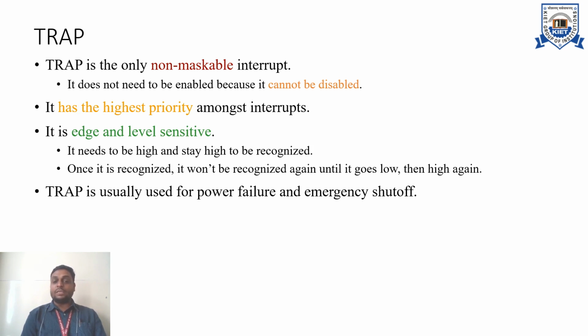Means once trap is generated, the microprocessor will service the request, and after that trap will go low. If trap does not go low, then the microprocessor will not continue its previous work. Trap is usually used for power failure and emergency shut off purposes.